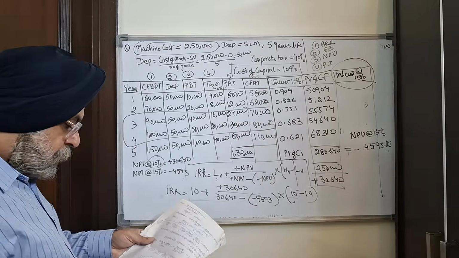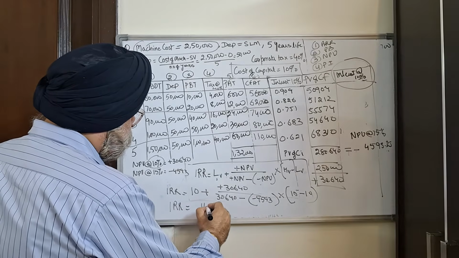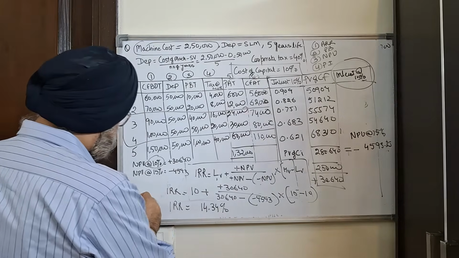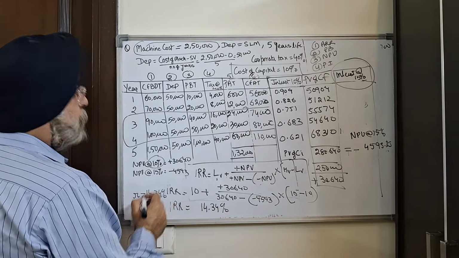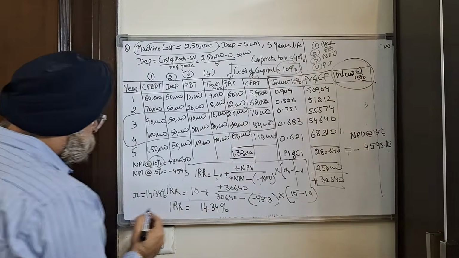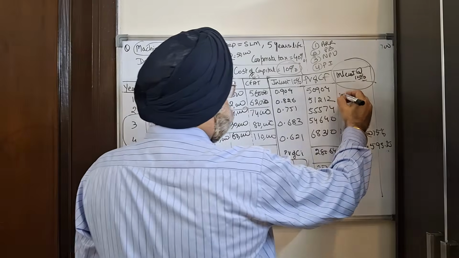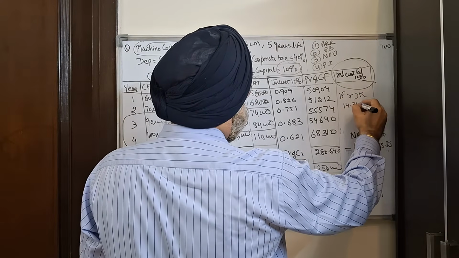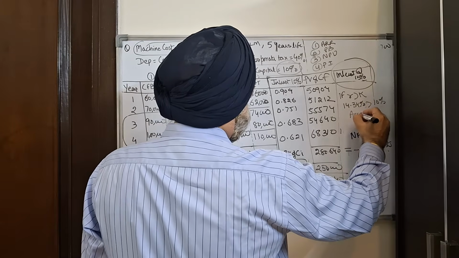If I calculate this, it is coming to 14.34%. Now my small r is equal to 14.34% and my k is already given, which is 10%. So if r is greater than k, which is 14.34% is greater than 10%, accept the project.